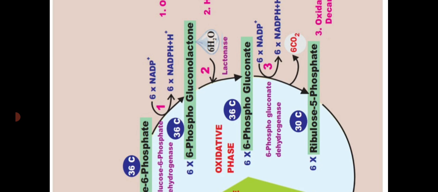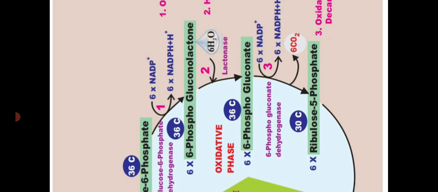Then the next step, by absorbing a molecule of water with the enzyme lactonase, it is converted into 6-phosphogluconate. Then again it is converted into ribulose 5-phosphate by the reduction of another NADP into NADPH2.